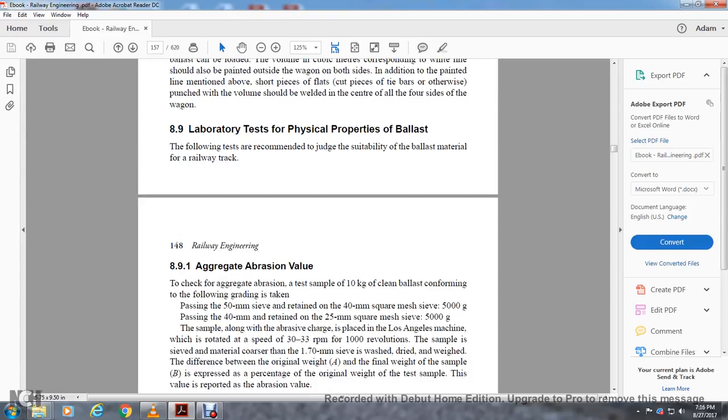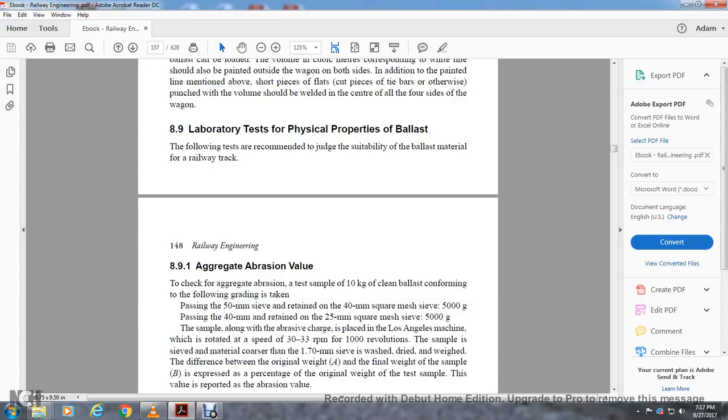8.9.1 Aggregate abrasion value. The aggregate abrasion test sample of 10 kilograms of clean ballast should conform to the following grading: material passing the 50 millimeter sieve and retained on the 40 millimeter square mesh sieve, 5,000 grams, and passing the 40 millimeter and retained on the 25 millimeter square mesh, 5,000 grams. The sample along with the abrasive charge is placed in the Los Angeles machine and rotated at a speed of 30 to 33 RPM for 1,000 revolutions.